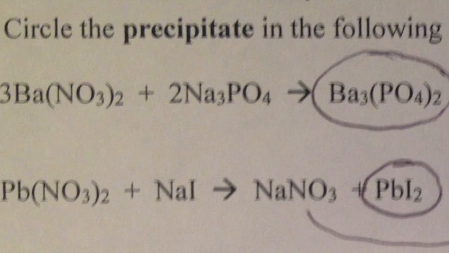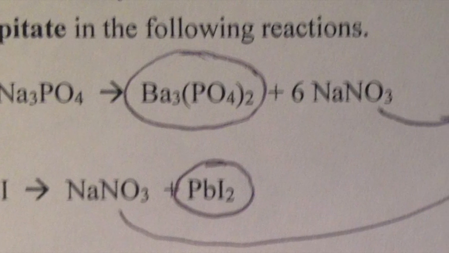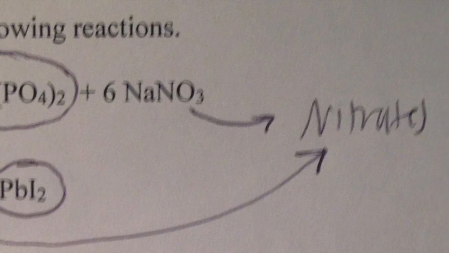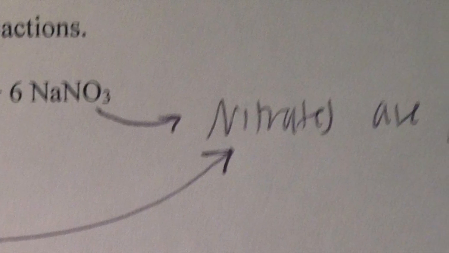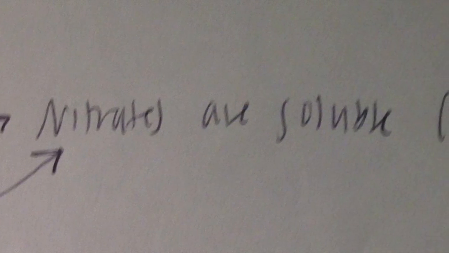In number 3, one of the products is a nitrate, and in number 4, one of the products is a nitrate. And nitrates will always be soluble. So for number 3, Ba3(PO4)2 is going to be your precipitate because that's insoluble. And for number 4, PbI2 is insoluble. But all you have to know is that nitrates are soluble, and those are never going to be your precipitates.